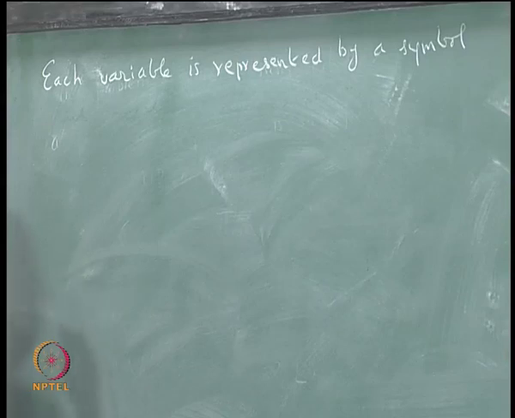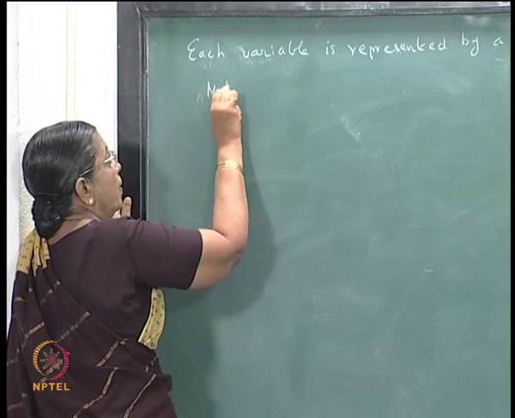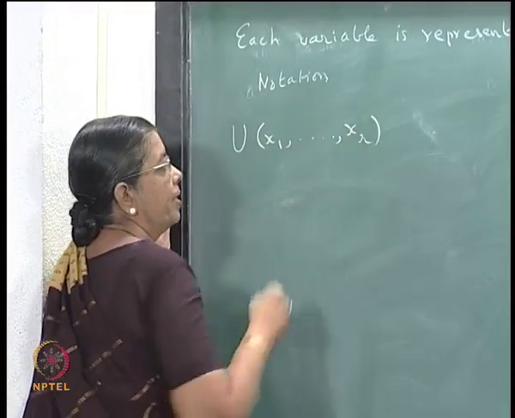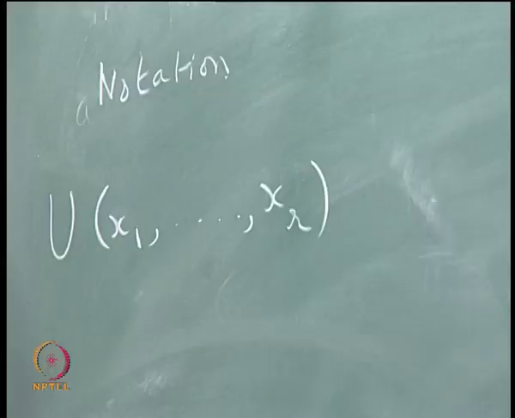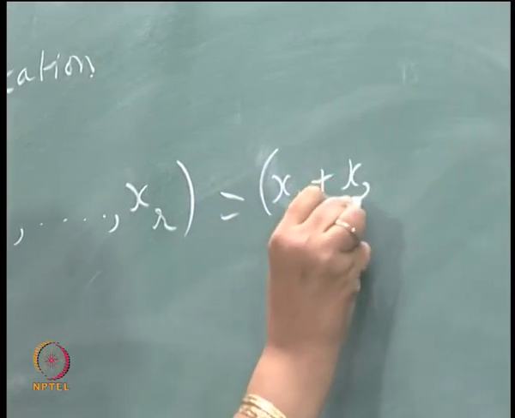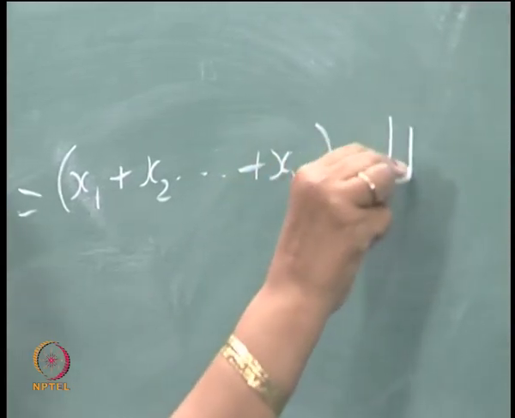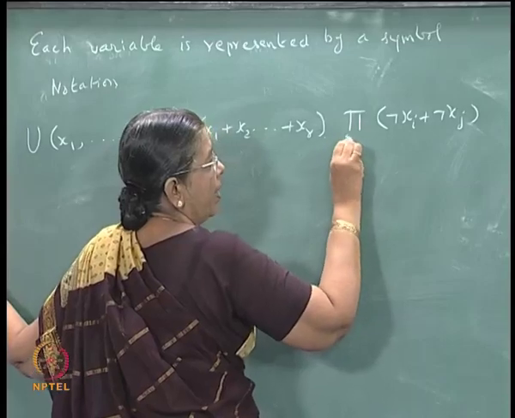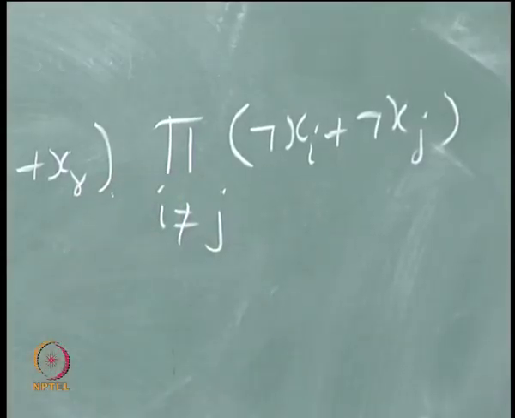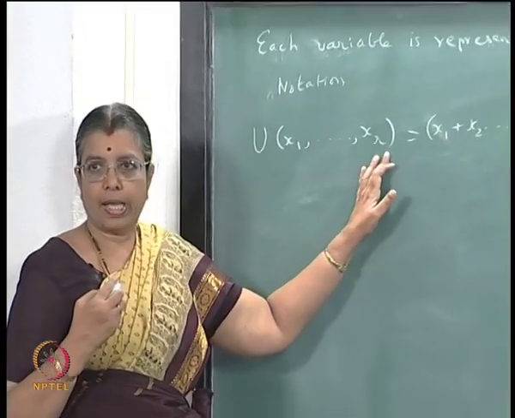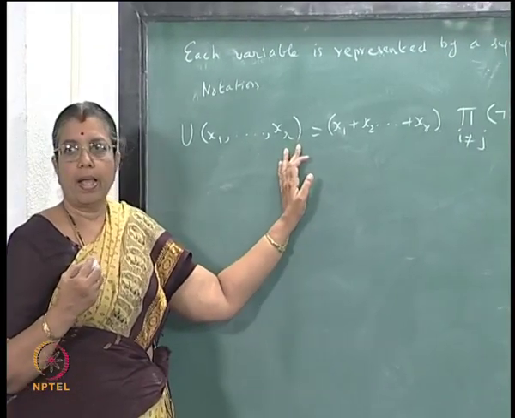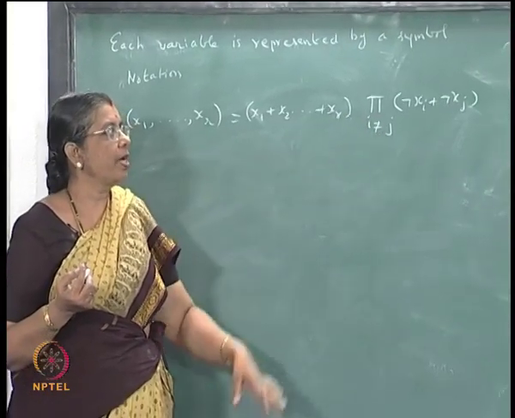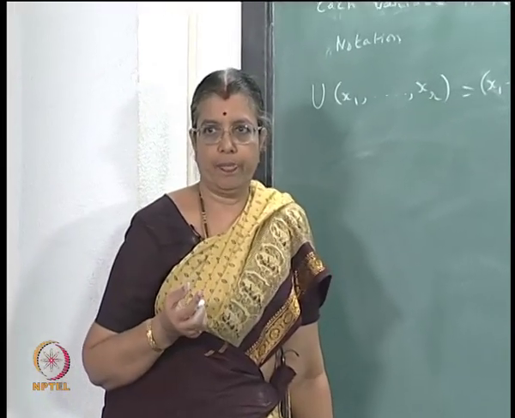Now, let us consider, for simplification, one more notation. An expression using r Boolean variables, U of x1, x2, ..., xr, is defined like this: it is (x1 plus x2 plus ... plus xr) and the product of factors of the form (not xi plus not xj), where i is not equal to j.